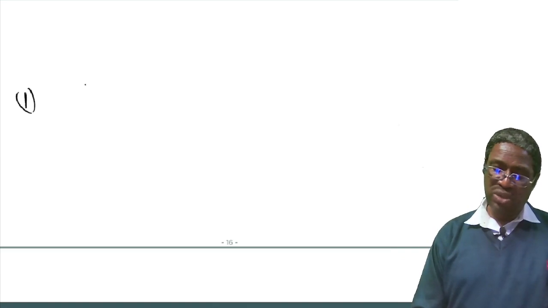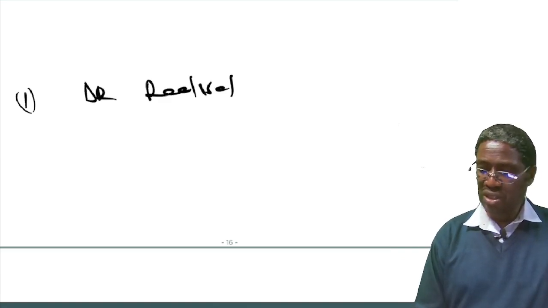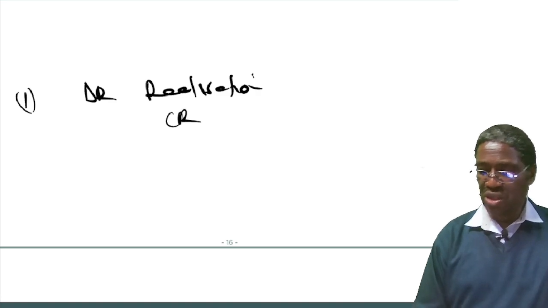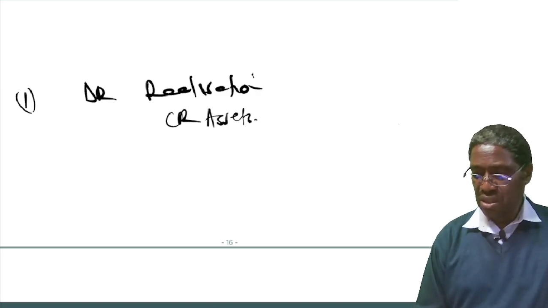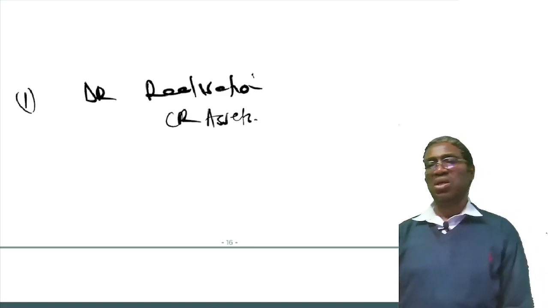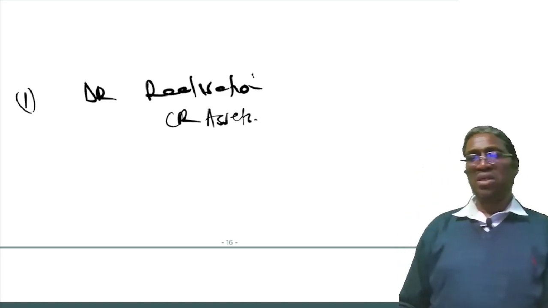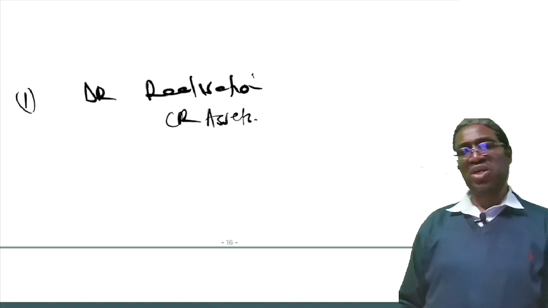Then you can put down the entry: debit realization, credit assets.